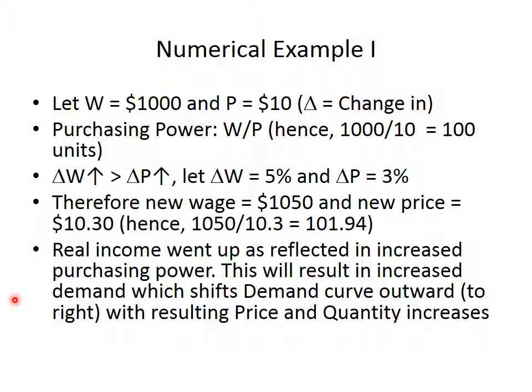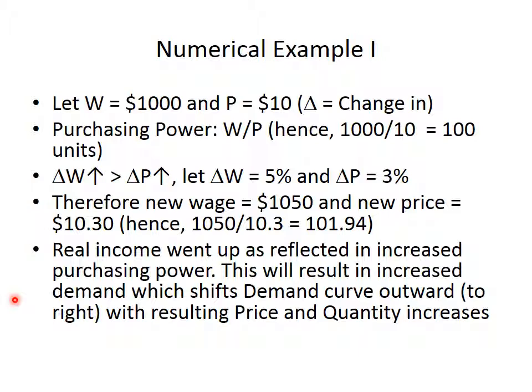Now let's take a look at a numerical example of what we've been talking about with this wage price ratio. I think this gives an example at a general level anyways, and at a group level. And actually we deal with this in macroeconomics as well, of consumer spending behavior.